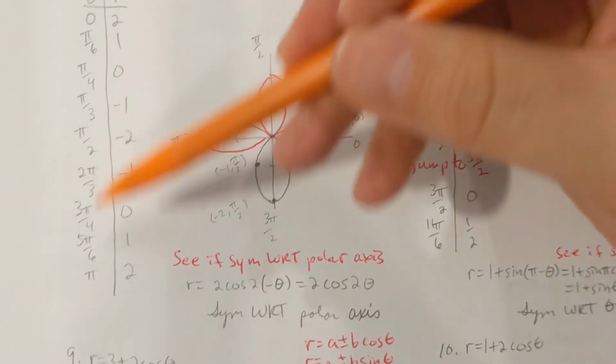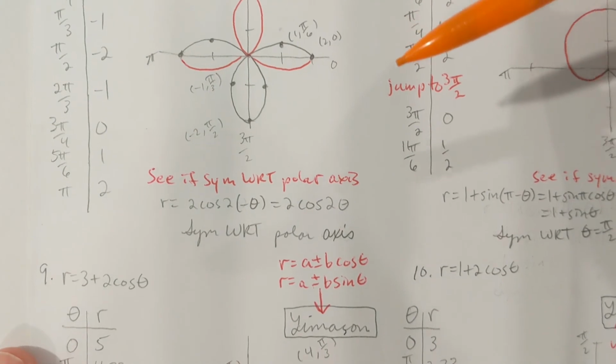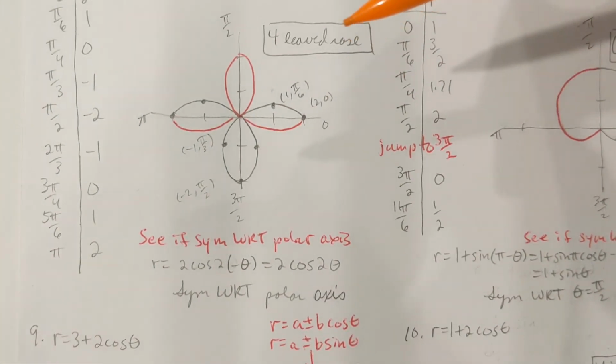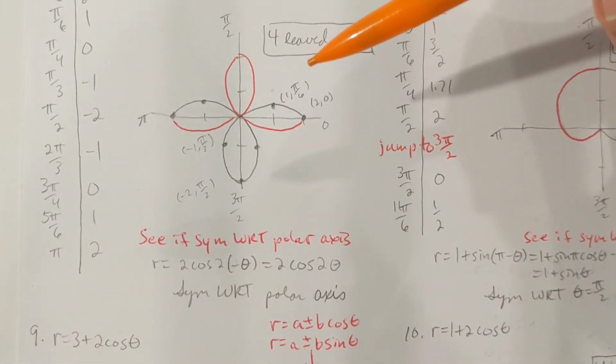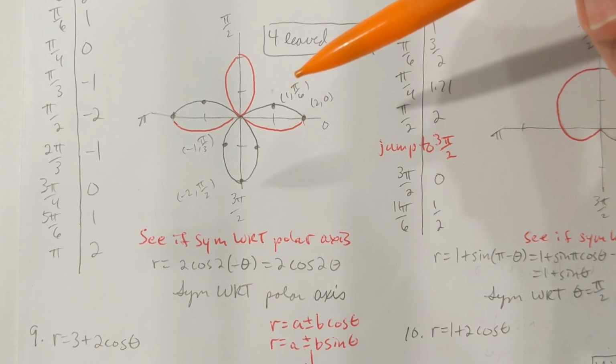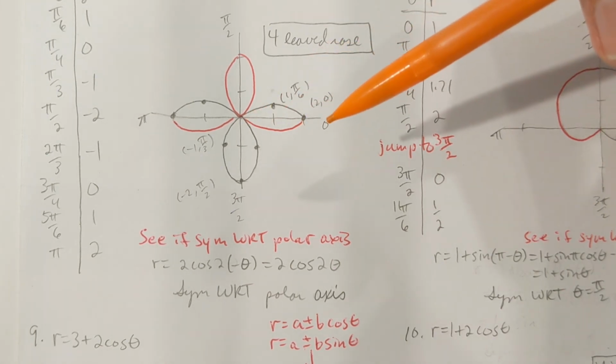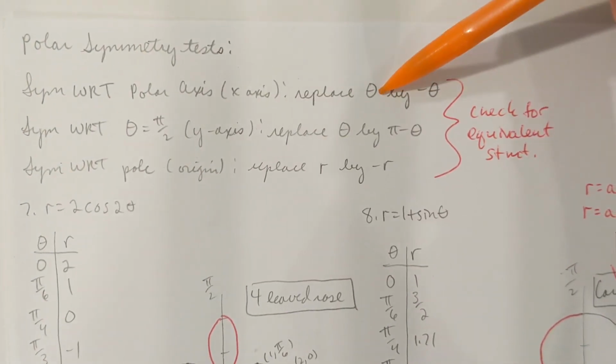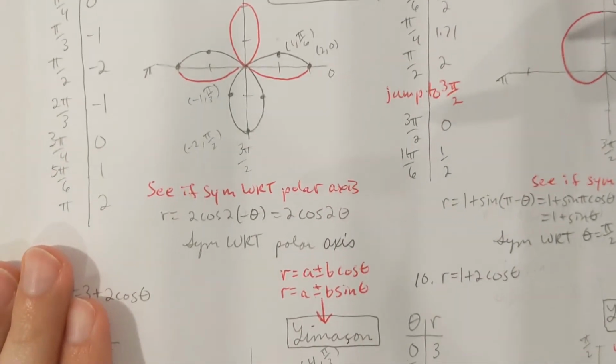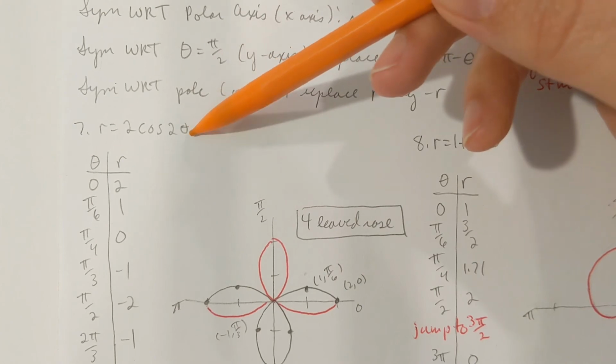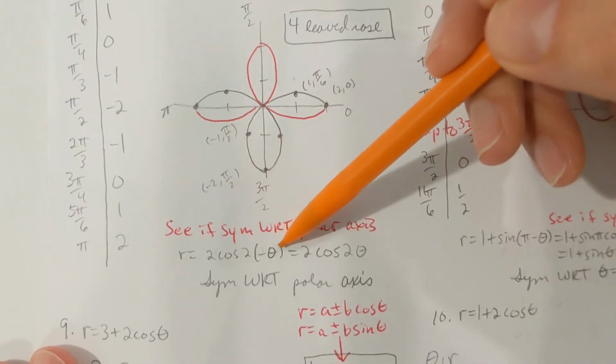And of course I could continue using the table, but at this point I want to check and see if the graph is symmetric to the polar axis, the x-axis. To do that, I'm supposed to replace theta by a negative theta in the original equation. So I've done that.